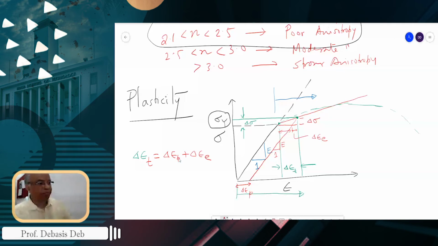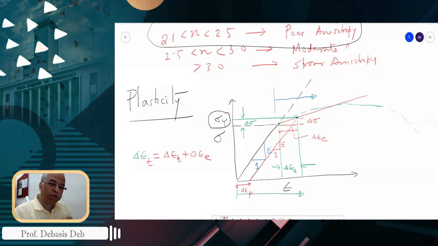Now you are seeing the total strain increment I am dividing into two parts. One is P, which we call plastic strain, and this is also called permanent strain. This much strain you have permanently developed in that solid in the form of fractures or whatever cracks it has developed.